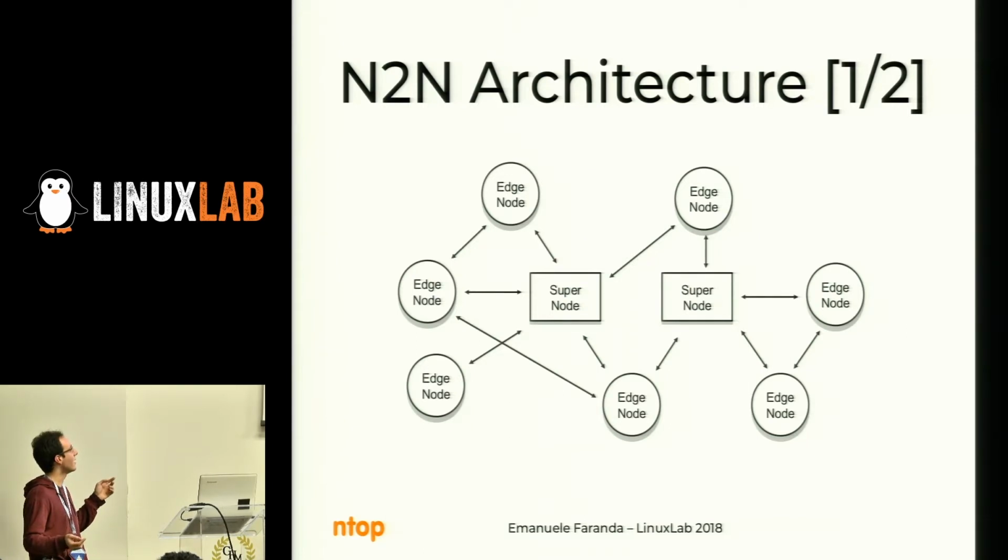Dynamically, if they can talk directly, they will use the direct connection. This means that the traffic will go straight from one edge node to the other with no additional latency. If this is not possible, the edge will go through a supernode. We will tunnel all the supernode traffic.